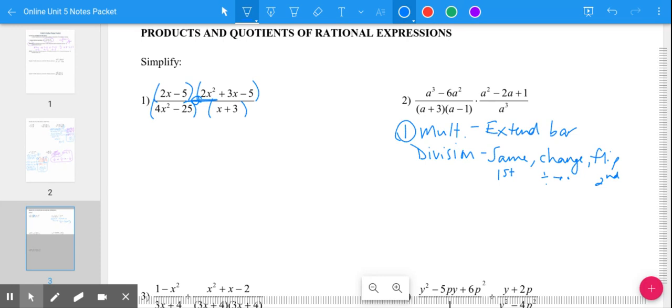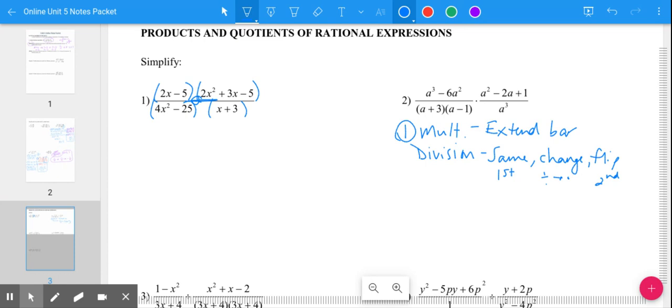So if you think about it, if you had 4 divided by 2, that's really the same as multiplying 4 times 1/2. So we kept the 4 the same. We changed the divide by 2 to multiply by the flip, which was, instead of 2, it was 1/2. So we'll see an example of that when we get down to examples 3 and 4.